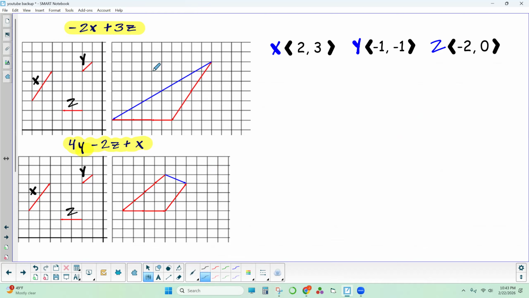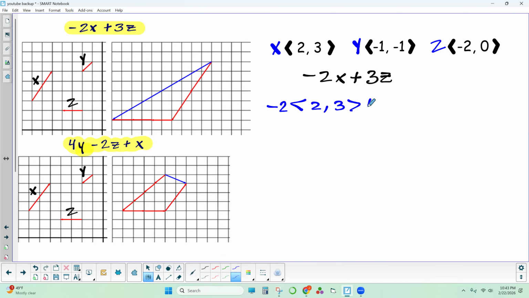So we are first going to take negative 2x plus 3z, which was our first problem. And here are the component forms up above. You can see that they match x, y, and z over here. So we're first going to take negative 2, which is our scalar, and multiply it by x, which is 2 comma 3.